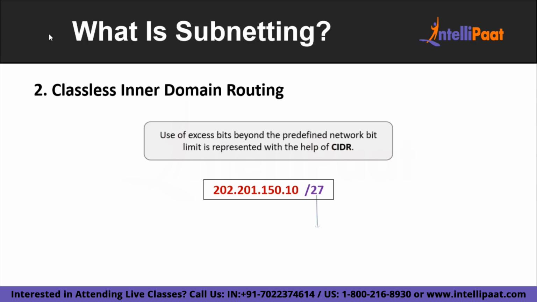This /27 mark represents the CIDR notation. From the range of the given IP address, we can deduce that this particular IP address belongs to class C. However, if I consider the /27 mark, then this IP address does not belong to class C. It utilizes 3 extra bits than the network bit limit of class C.